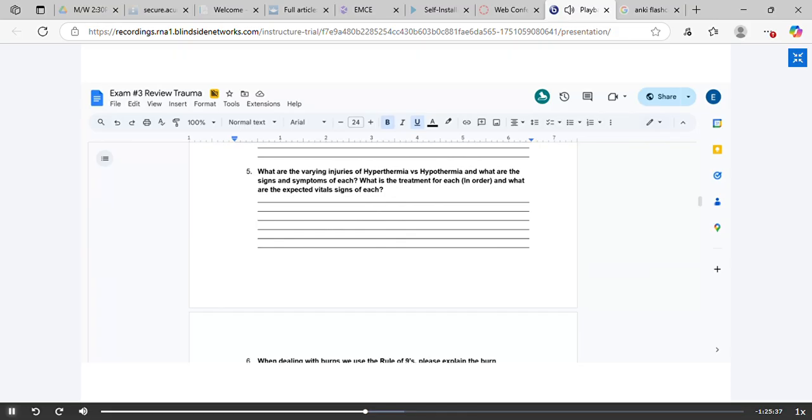Basically, your body's not able to regulate its own temperature or produce body heat, and all kinds of things occur. Obviously, the colder we get, the worse it is. If there is water involved, your symptoms of hypothermia are going to come quicker, because we lose heat more rapidly if there's water involved.